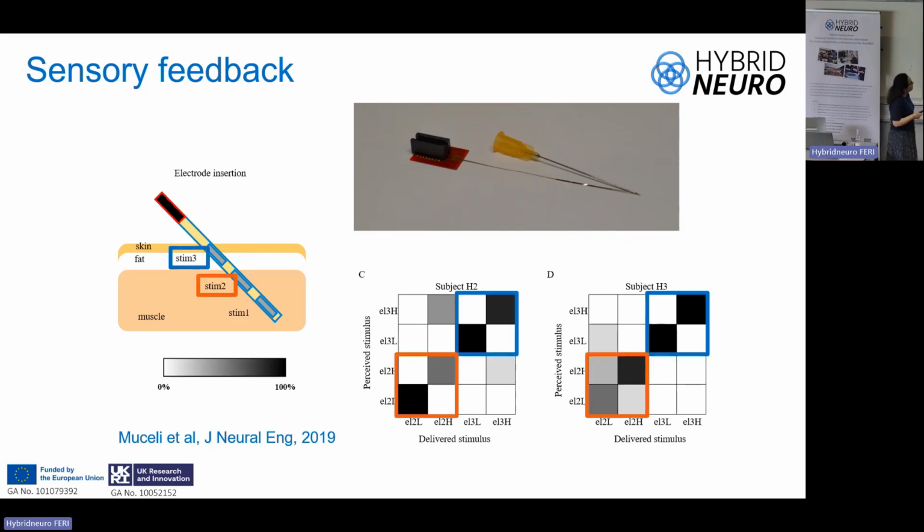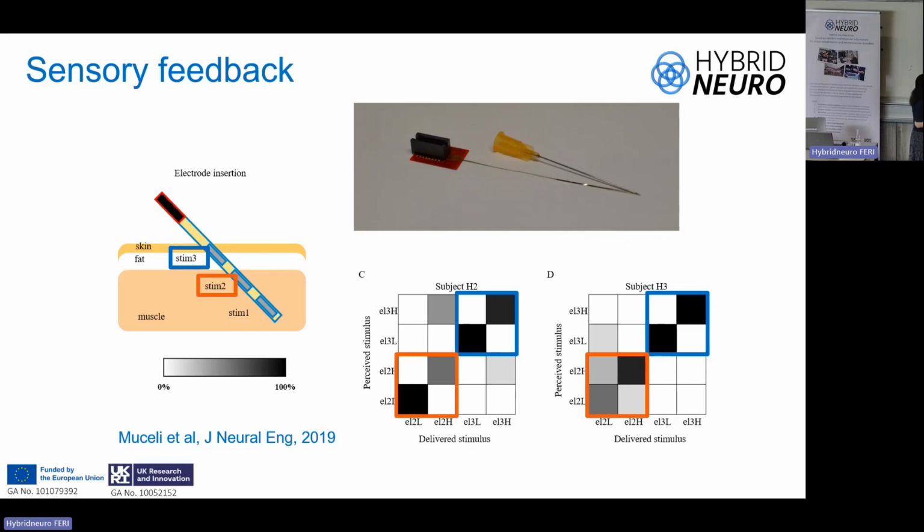And what you can see is that usually they were able to understand where the stimulation comes from. There are some mistakes, of course, but the elements in the diagonal are the ones that are darker, meaning that in most cases they were able to understand if the stimulation comes from within the muscle or from the skin.